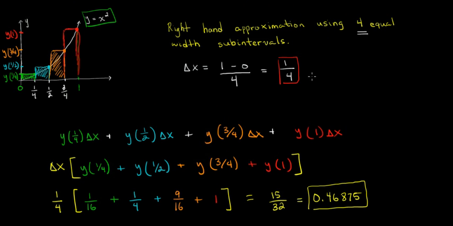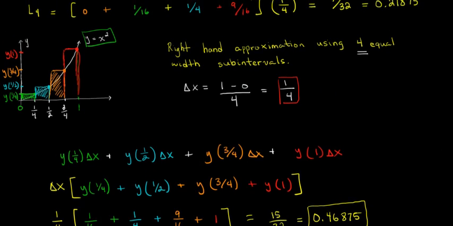So we know that the true area is now in between 0.21875, I'm sorry, and 0.46875. So we can kind of think about it like this. We can say that the exact area is going to be between these two numbers here.